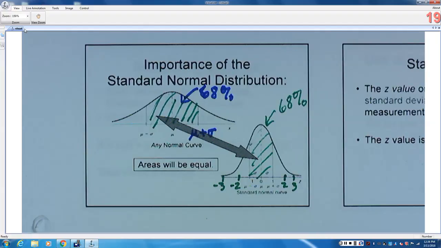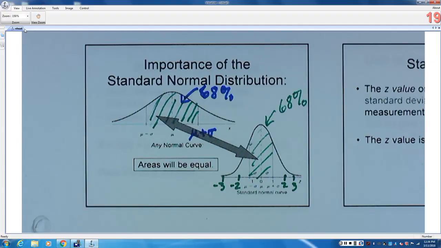So this normal curve has 68% between -1 standard deviation and +1. This normal curve also has 68%. So the areas are always going to be equal.